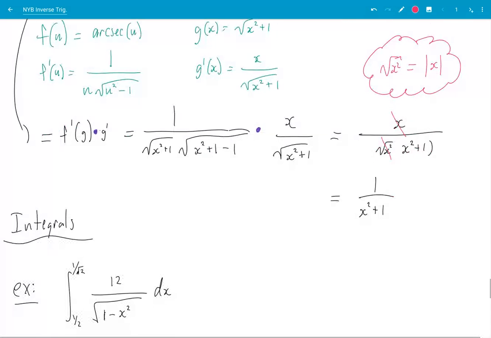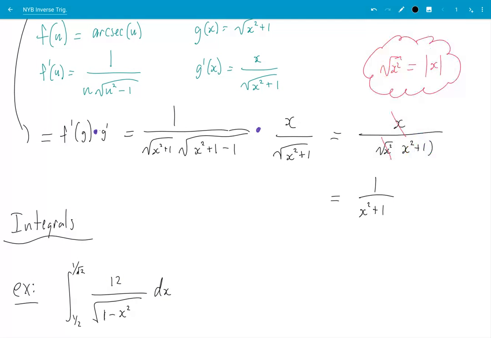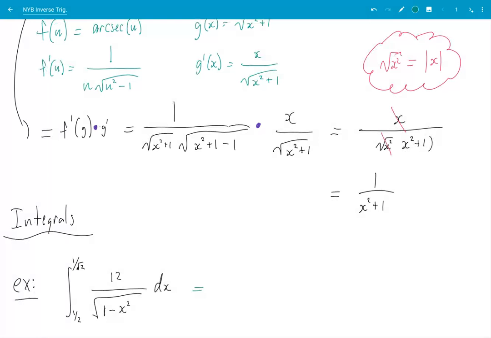Anyhow, integrals, integration. So now we're going to be reversing the derivative formulas I gave you above. So if I take the 12 out, I will recognize this from the table given above as being arcsin.